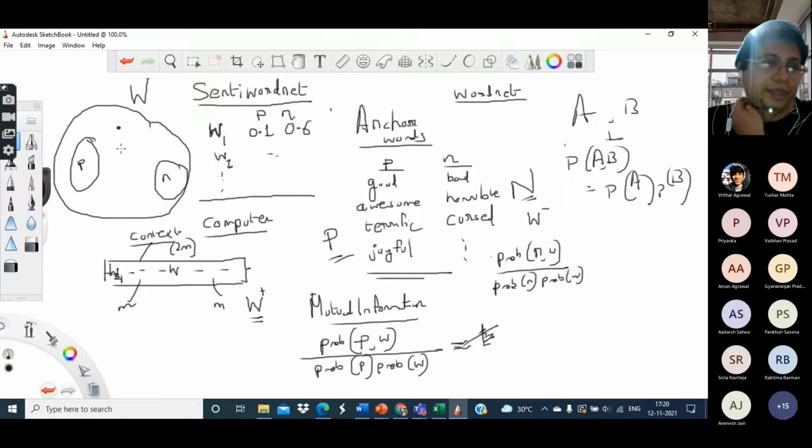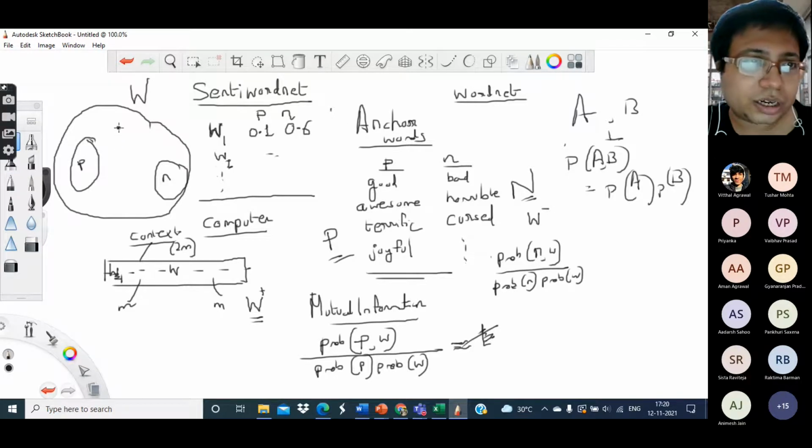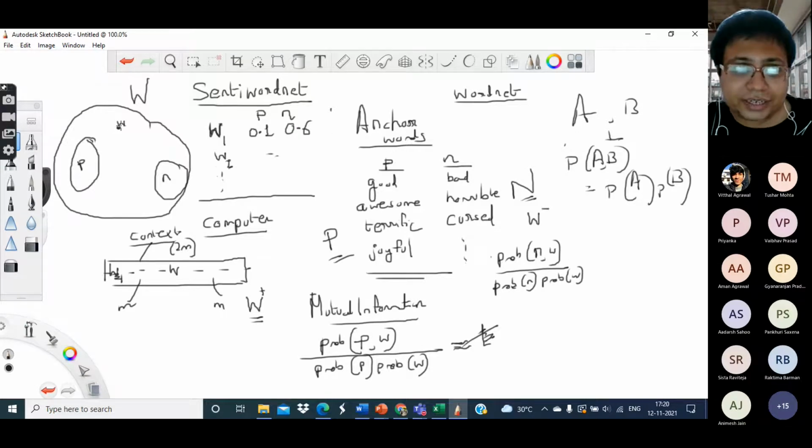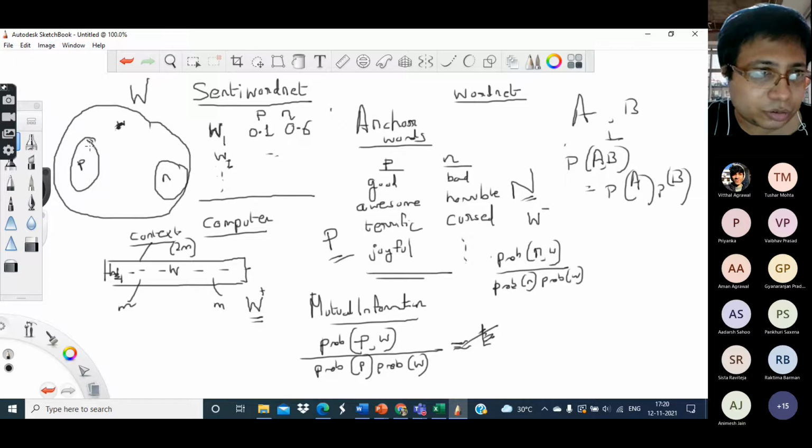Based on that, you make a decision whether this word tends to co-occur more with positive words, or more with negative words, or neither. Now suppose you find that this word W tends to co-occur a bit with the positive words. Then a positive sentiment is induced with this word. So you can expand your positive word set by taking this W into it. W gets added to the P set. Your P set grows a little bit.